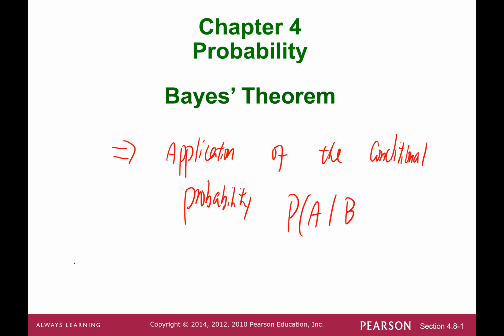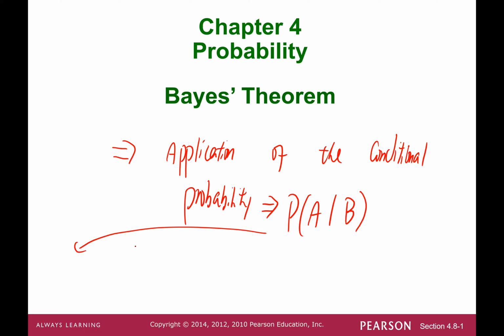Again, Bayes theorem is an application of conditional probability, and we do write a conditional probability like this, right? Probability of event A given event B. Let me just quickly remind you what conditional probability is. It's the probability of event A given that event B occurs, right?